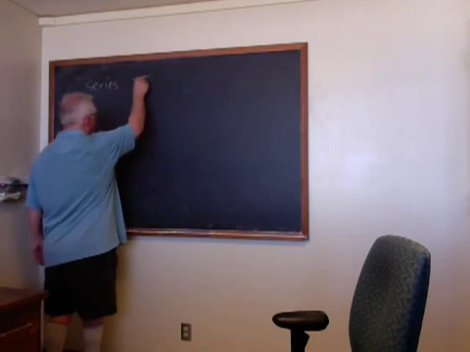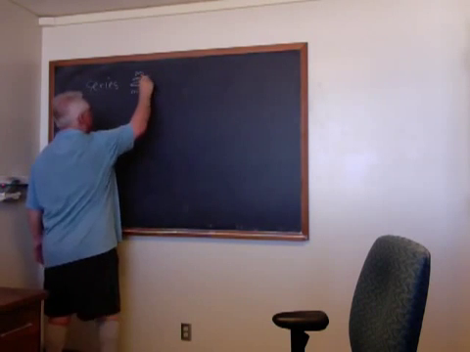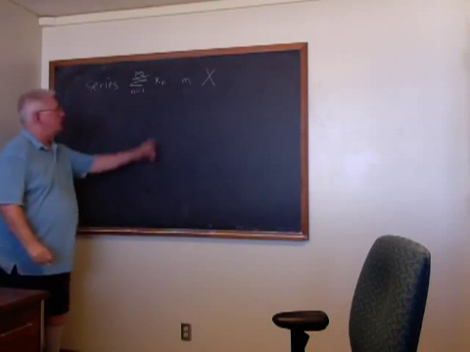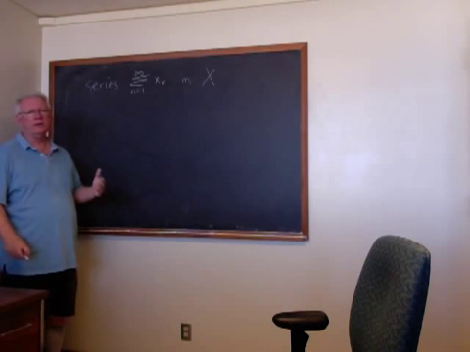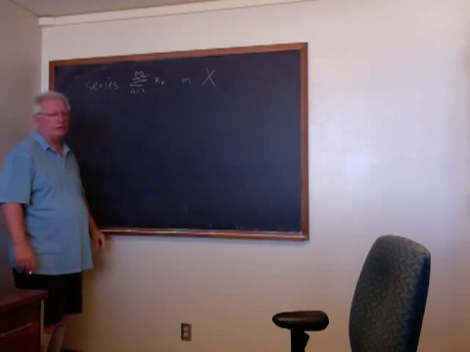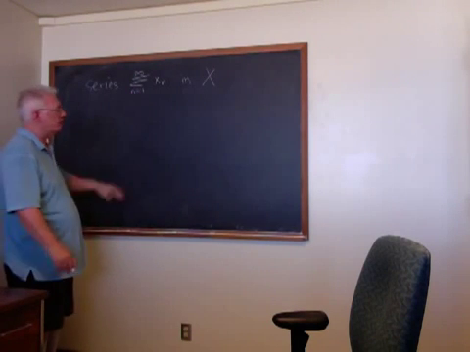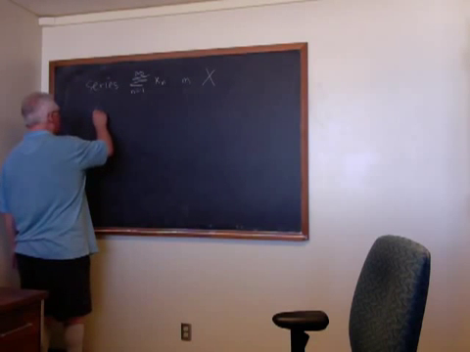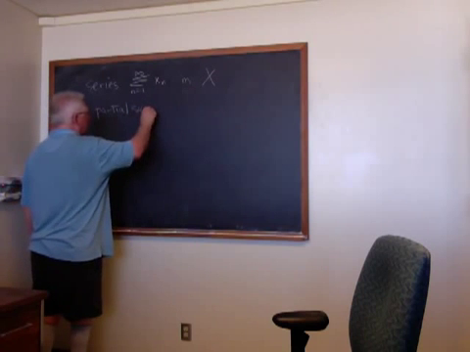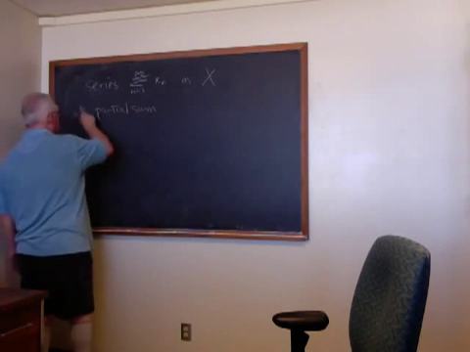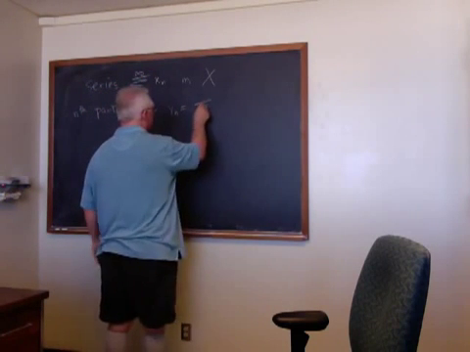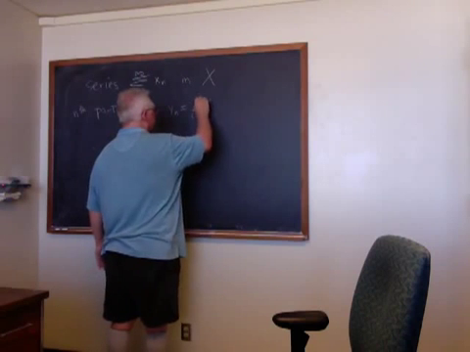A series, summation as n goes from 1 to infinity, x of n, in our norm space x, starts with a sequence of terms, x of n, but instead of considering the convergence of that sequence itself, we consider what we call the series, and this is more closely tied to another sequence called the sequence of partial sums. The nth partial sum, let's call it y sub n, is the sum of the first n terms of the series. It's the sum as i goes from 1 to n, x of i.